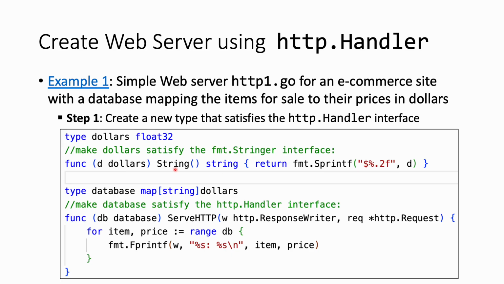The String method on a dollars simply returns a string that contains the dollar amount in the currency or accounting format. The ServeHTTP method implemented by the database type simply ranges over the map and prints the items.